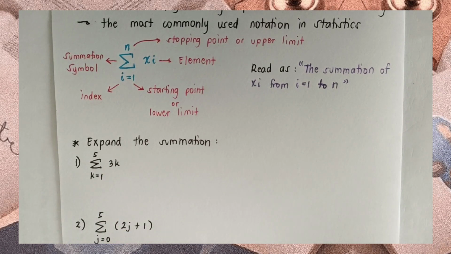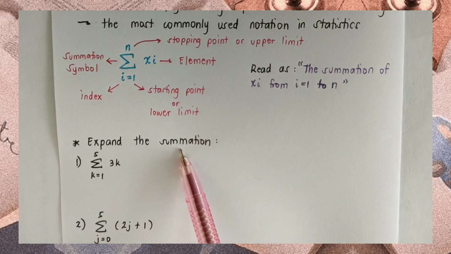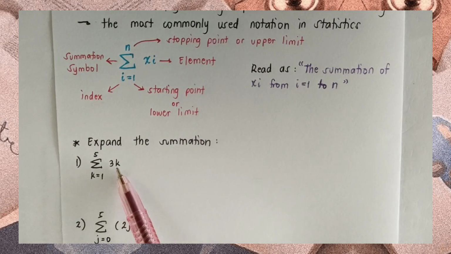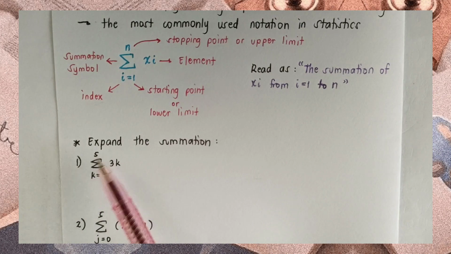Very good. Now let us expand the summation. From the term itself, summation, we will add the following. We will just substitute the value of k starting from our lower limit, which is 1, and we will stop at 5, which is our stopping point.